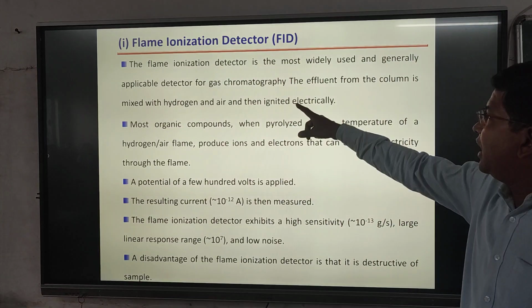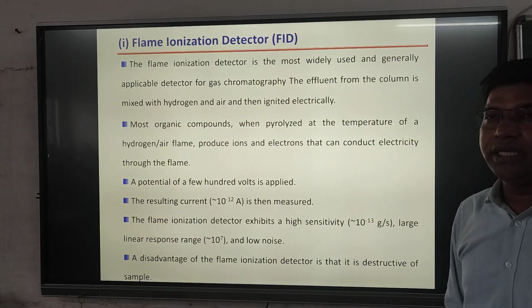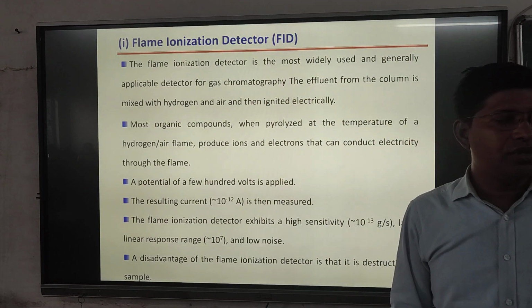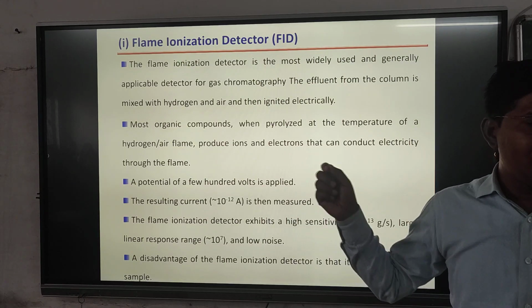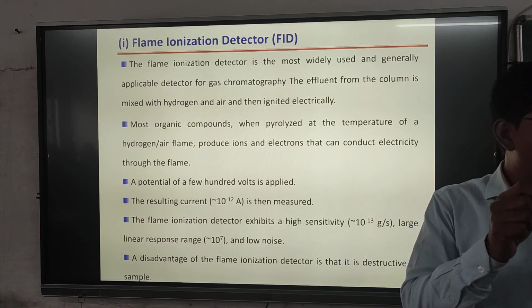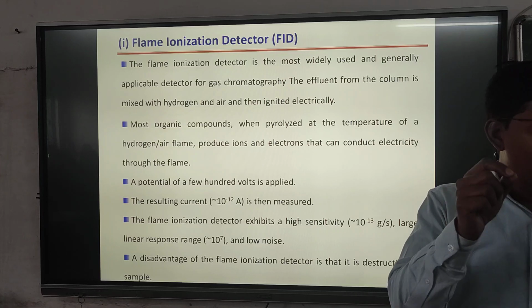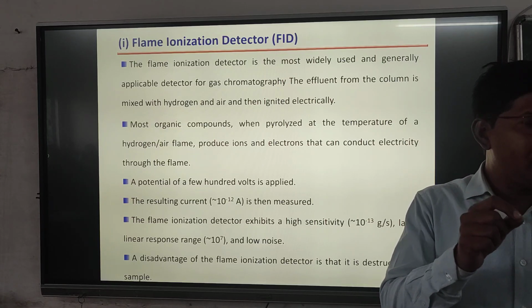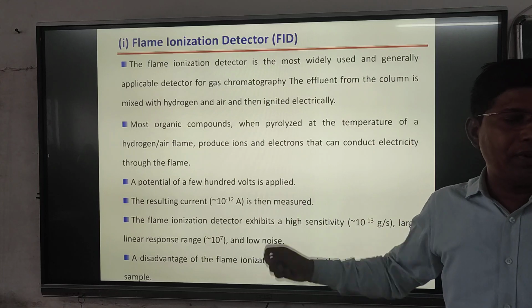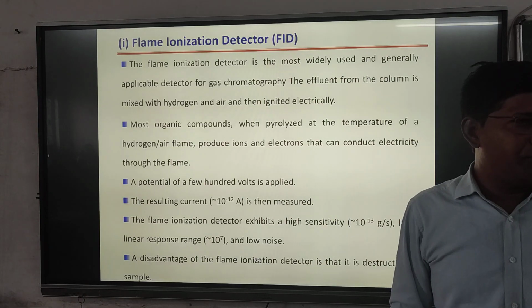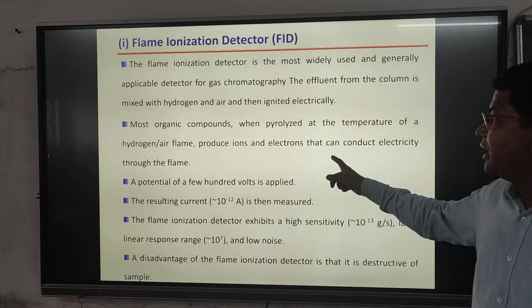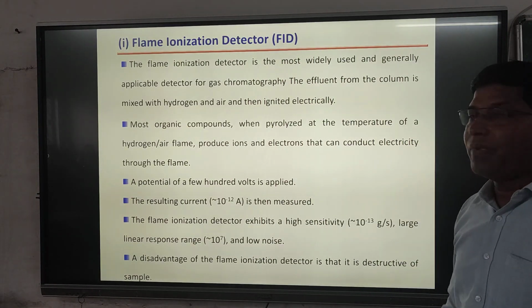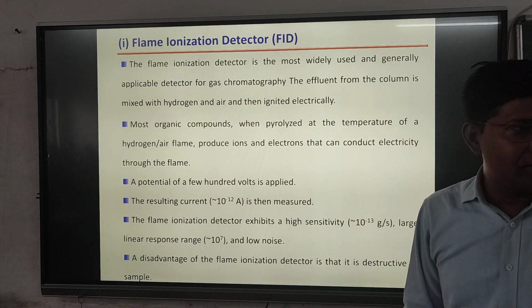So in the flame ionization detector we will use hydrogen as a fuel, and in the presence of an oxidant, pure oxygen, your compound gets pyrolyzed or burned.